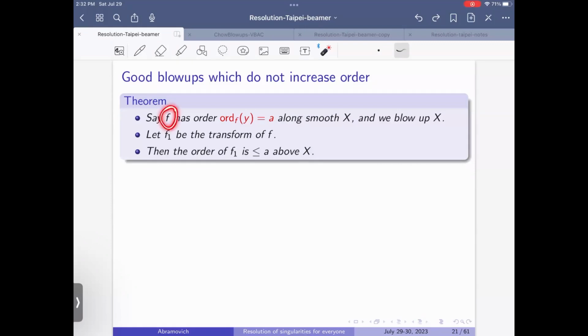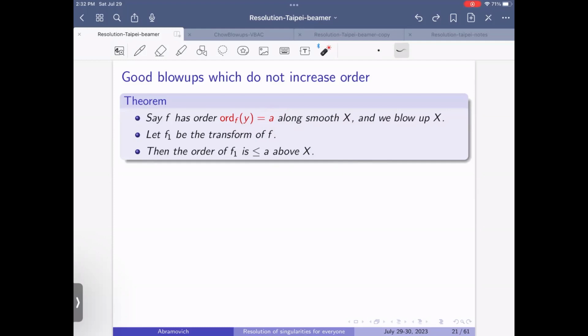So suppose F, so I'm taking a principal ideal generated by one function F, and assume that the order, where Y is now a varying point, what was P before, I'm assuming that along a smooth variety X, the order is precisely A. And I assume that I blow up X. Then I claim that on the exceptional divisor, over the points of X, the order has not increased.